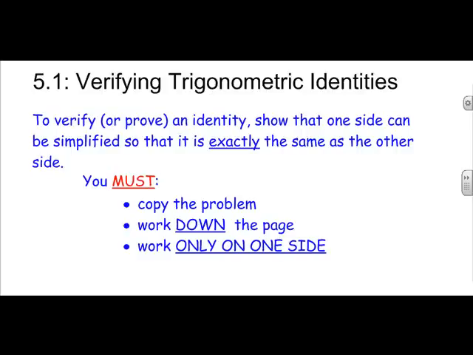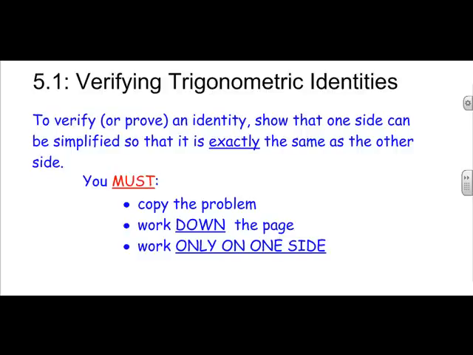Now, if you've read your textbook, you may see your textbook authors are a little bit more relaxed about that than I am. Remember, I'm the one that's going to be grading your paper. So just keep that in mind. Basically, you're going to take a look at the equation and start with the side you think is the most complicated. Look at it and think about, what do I think I could do, and start doing it.